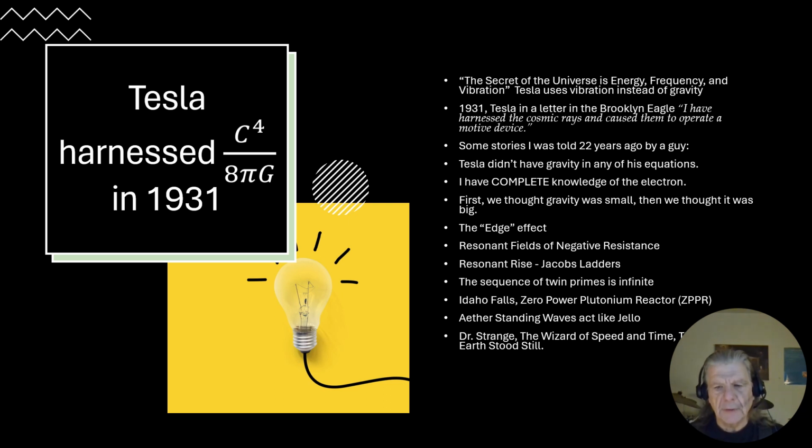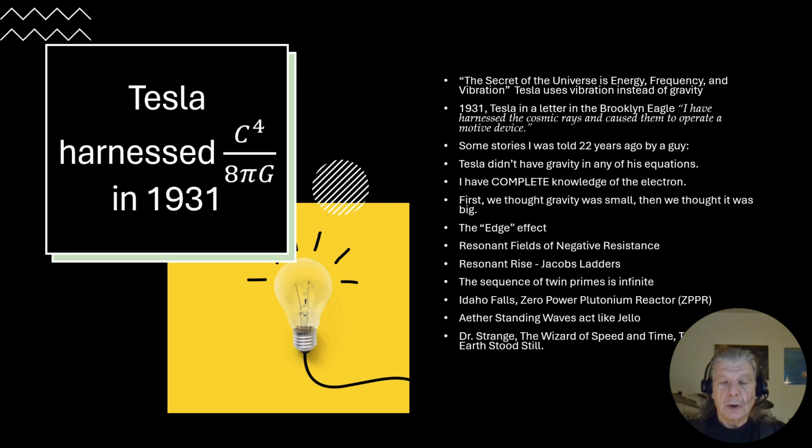Tesla seems to have gotten there using his famous expression, energy, frequency, and vibration is the secret of the universe. Well, he used vibration, Einstein used gravity. Other than that, they had two completely different kinds of equations.